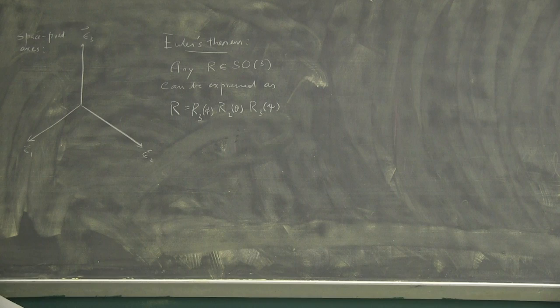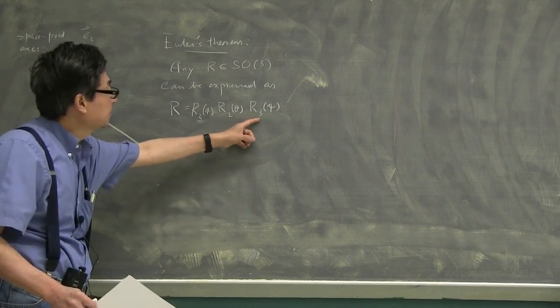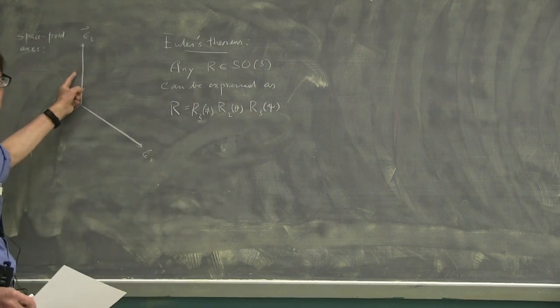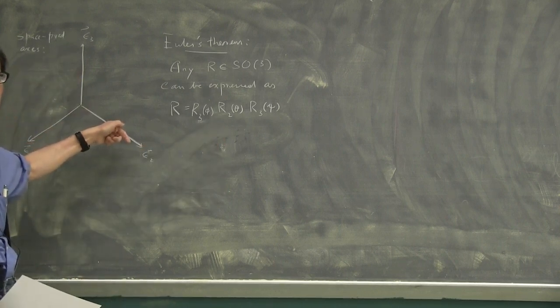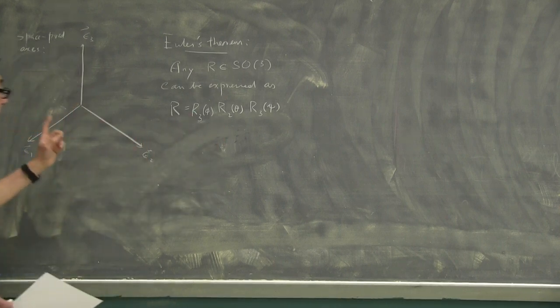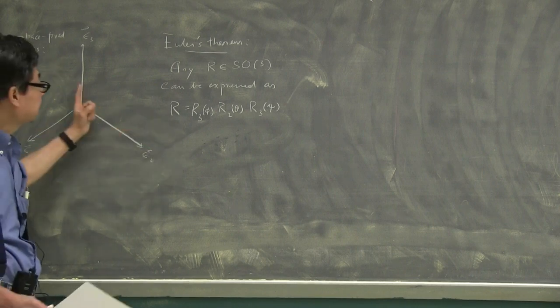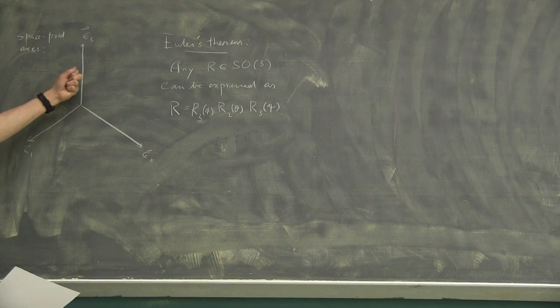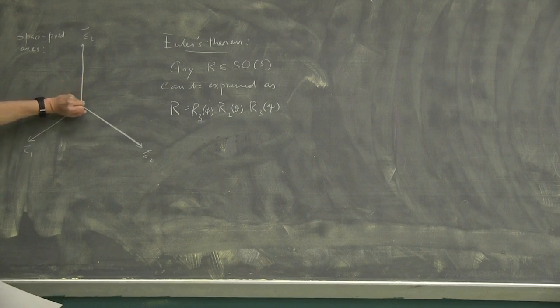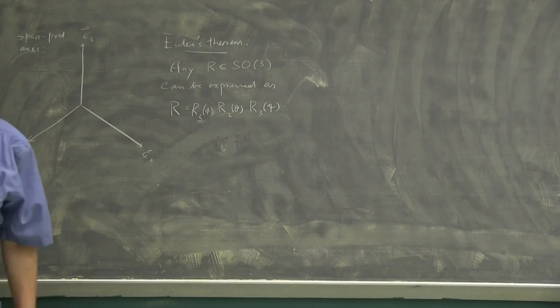Remember, in this way of writing, 3 means with respect to the third space-fixed axis, 2 means with respect to the second space-fixed axis, and finally again 3 with respect to the third axis. So the rigid body rotates about 3 by some angle psi, then about 2 by some angle theta, and finally about 3 again by some angle phi.